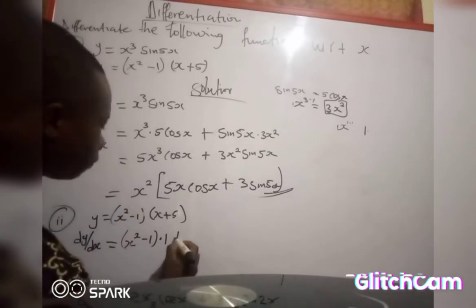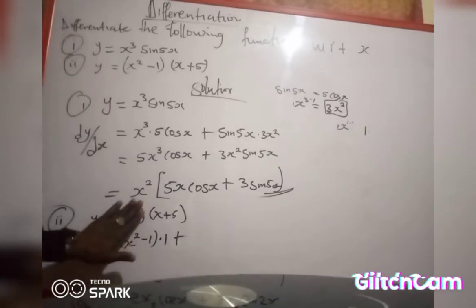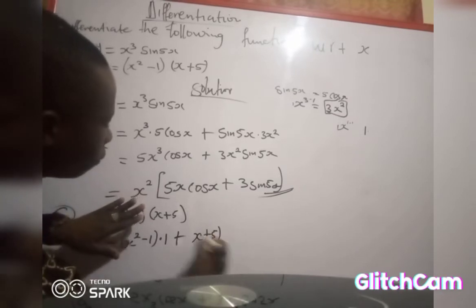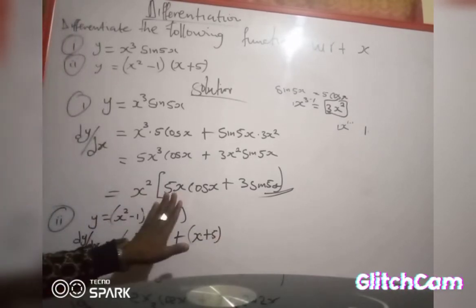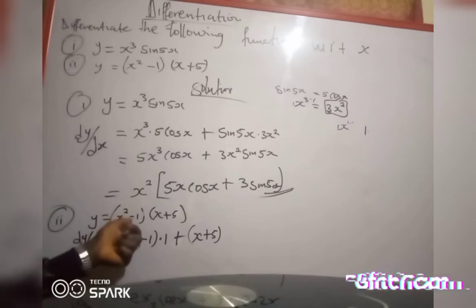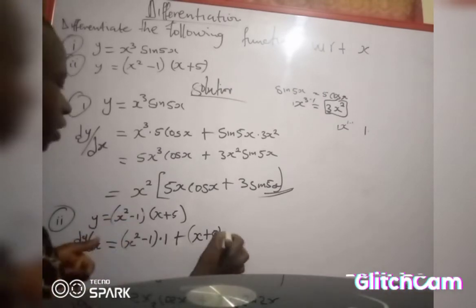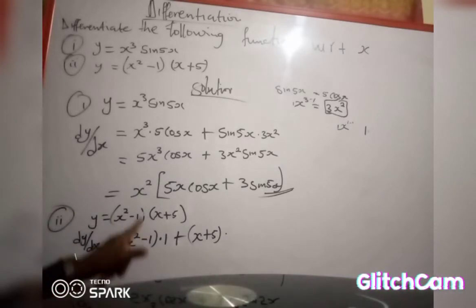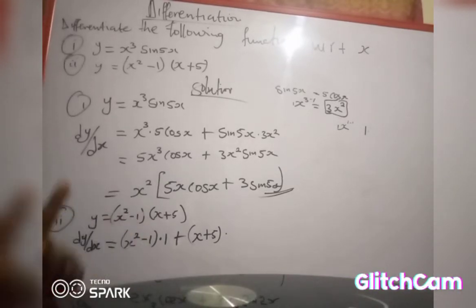So plus, I'll hold this one, copy this one, s plus 5, then cover this one, differentiate s squared minus 1. If you want to differentiate s squared minus 1, the 1 is constant. If you take the derivative of it, it will give you 0.